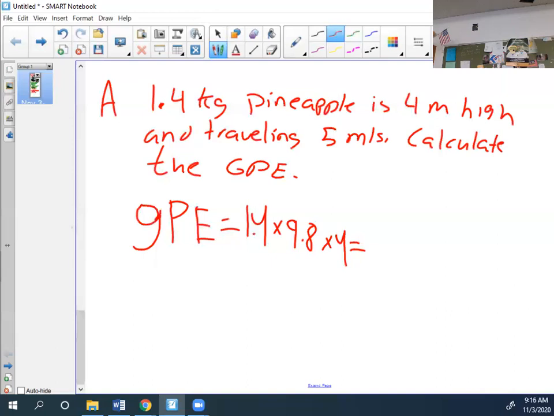Because you're using GPE. You will only use the 5 when it's moving, okay? But I asked explicitly for what? GPE. I do not use speed in GPE, do I? So I heard somebody say the answer. 54.88. So write that down.